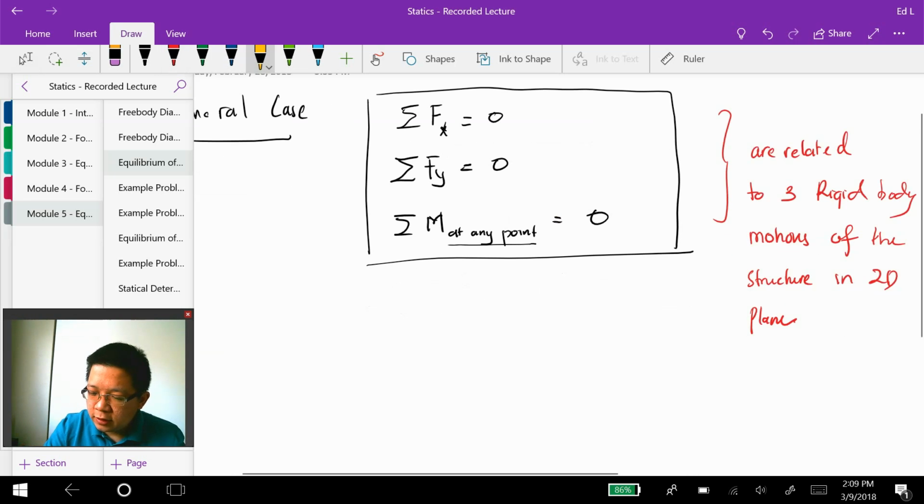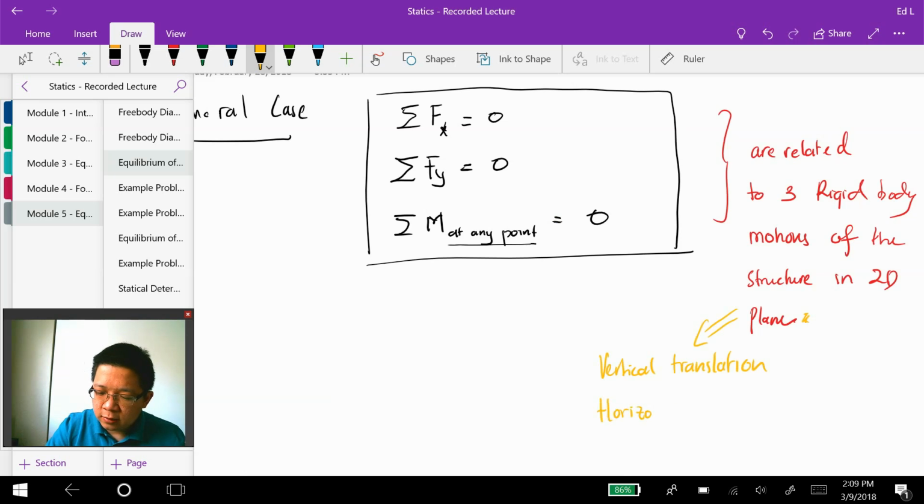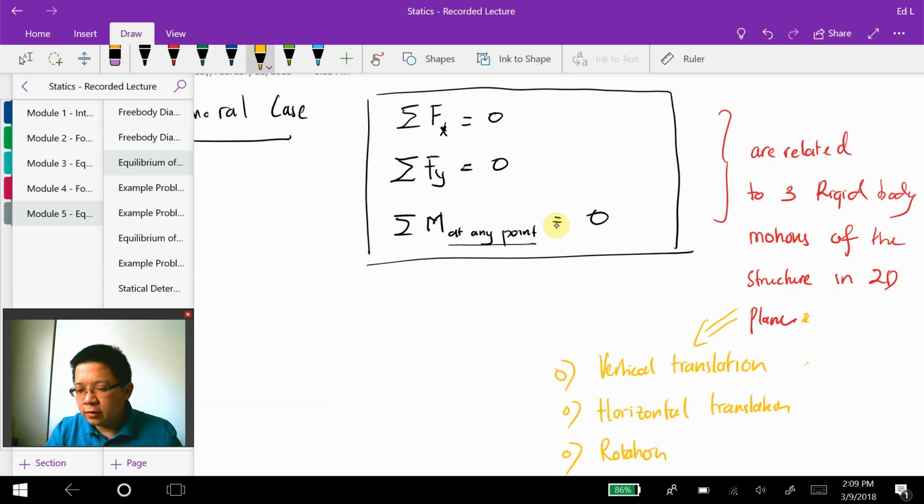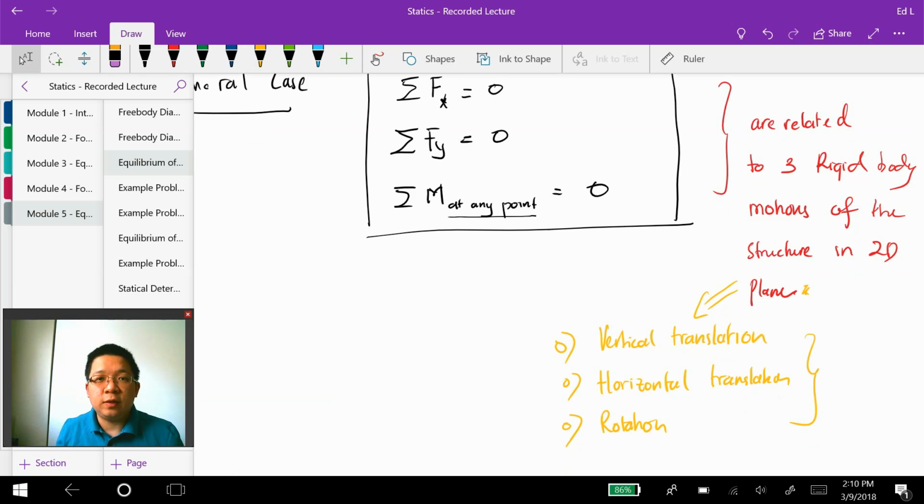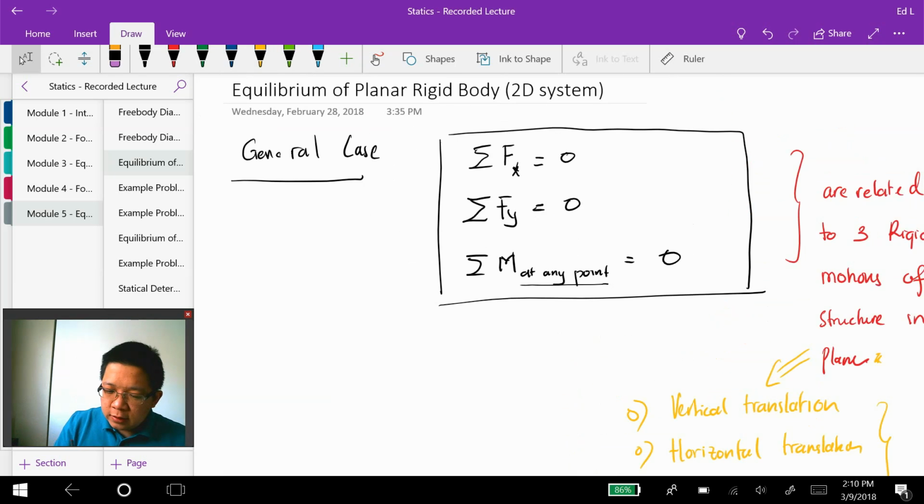Those three rigid body motions are vertical translation, horizontal translation, and rotation. These are the three rigid body motions of a structure in the 2D plane. So this is the general case for the equilibrium equations.